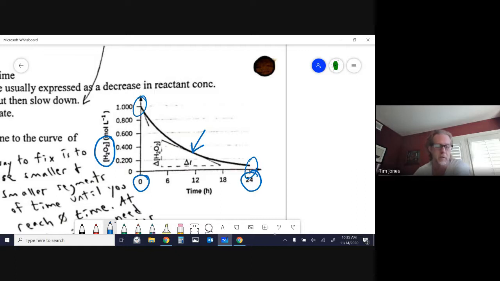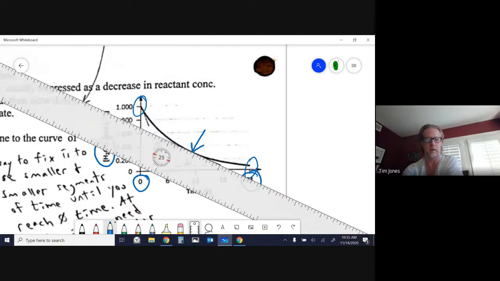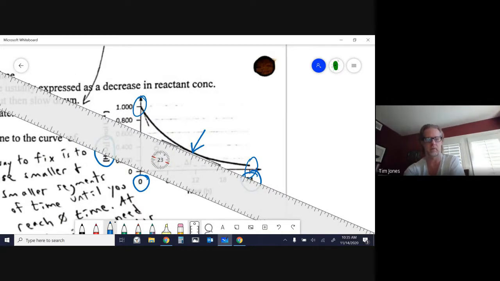One way to determine that is to draw a tangent line on the curve. So the author of this has already done that. And if I copy it, it would be right about there. And so what we could do is draw this tangent line.